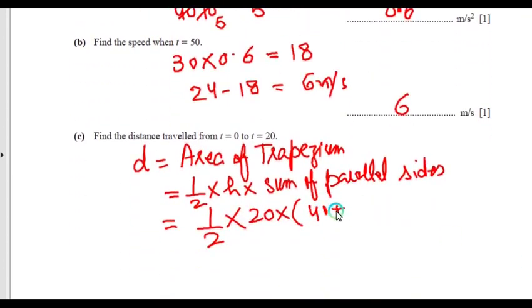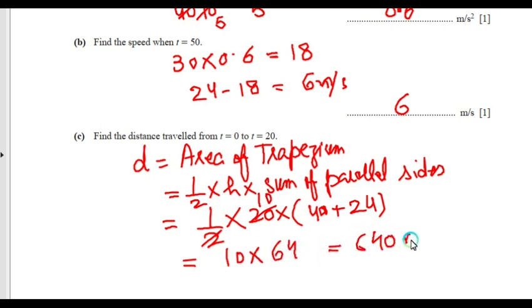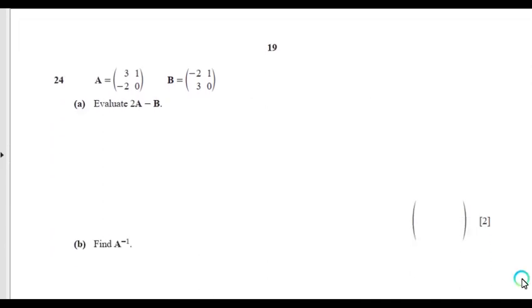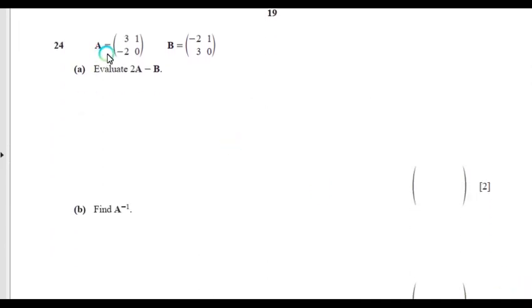So these two parallel sides are these, and the distance between them is this. This is actually height 20. And then the sum of parallel sides. The first parallel side is this one, which is 40, and the second one is 24. So 40 plus 24 is the sum. So 2 tens are 20, so we are left with 10 times the sum of these, which will be 64. So it is 640 meters distance.